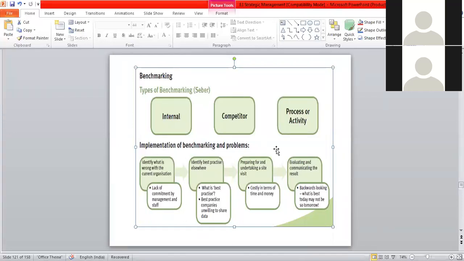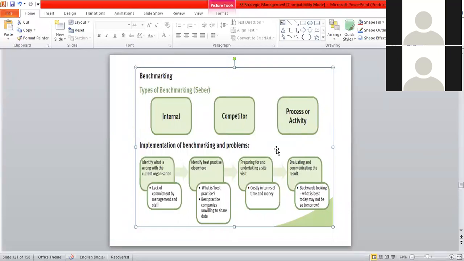Internally they can have a standard among the processes and activities. If one activity, one process is doing well, then that is decided as a standard, and the performance of all others is compared with the standard one.